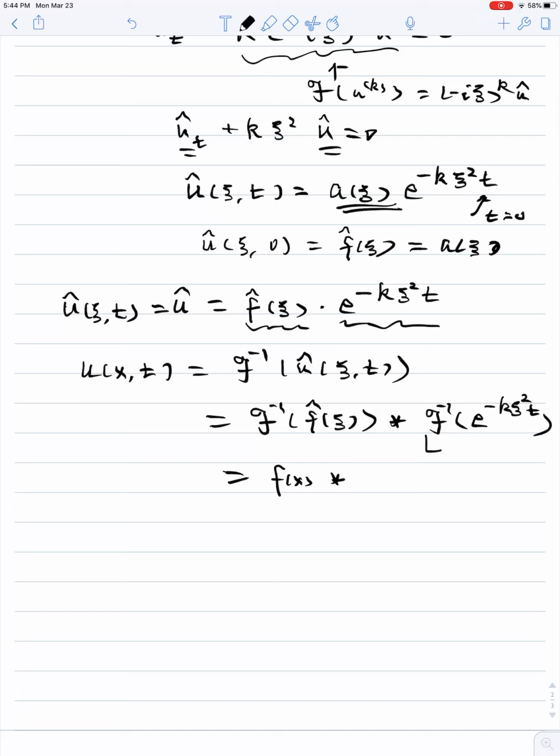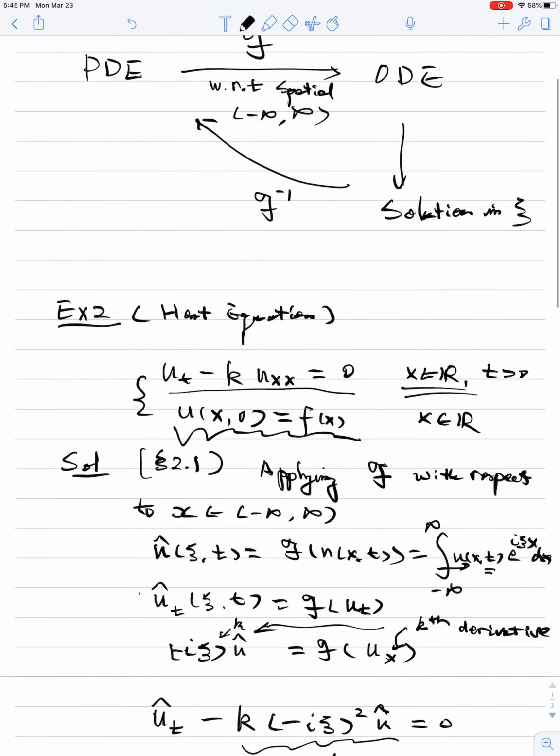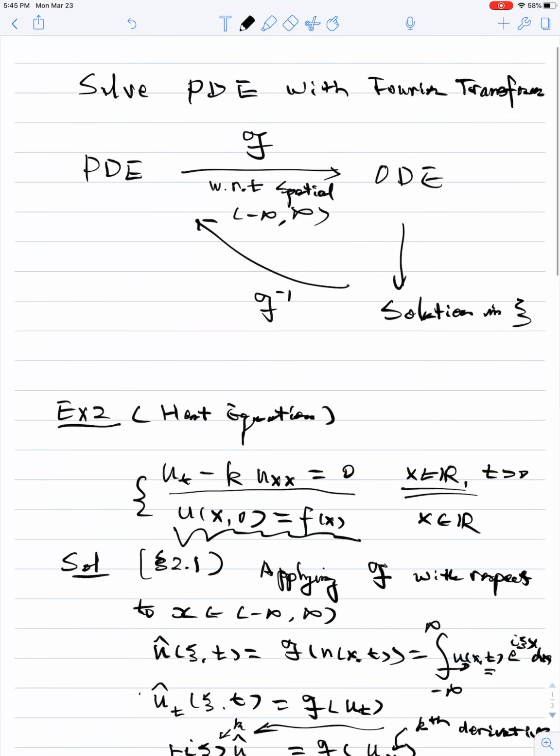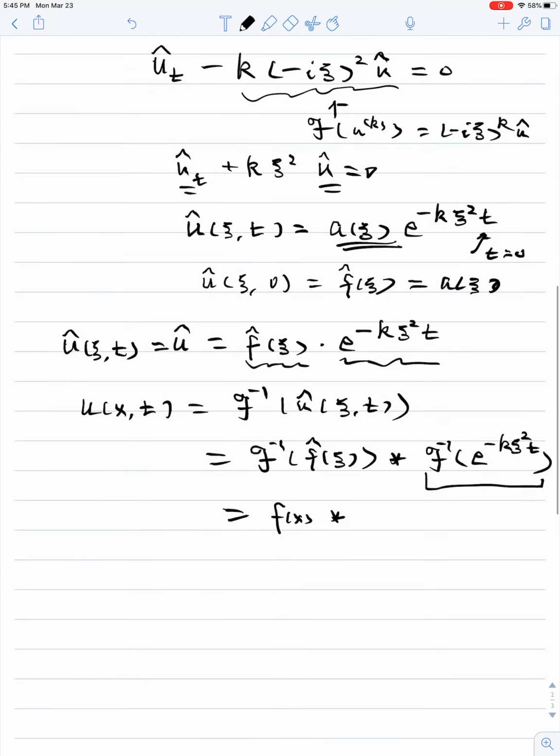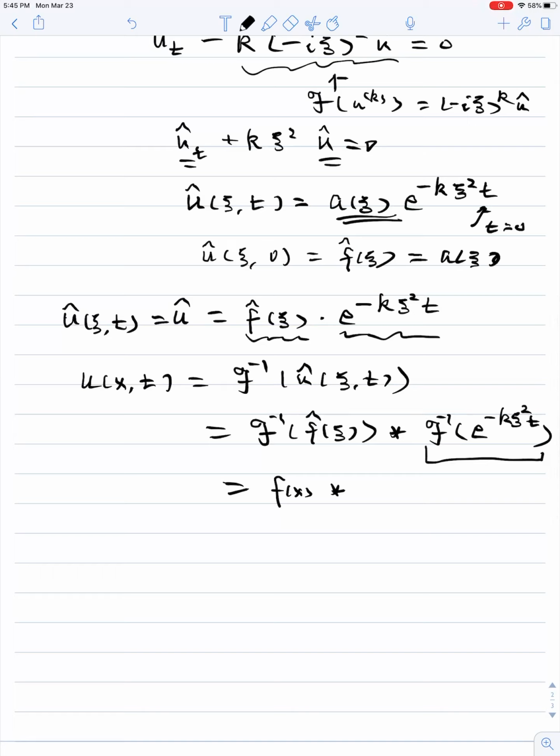Now what is the other factor? For this, you have to go back to the formula we had in the previous video, for the Gaussian function.